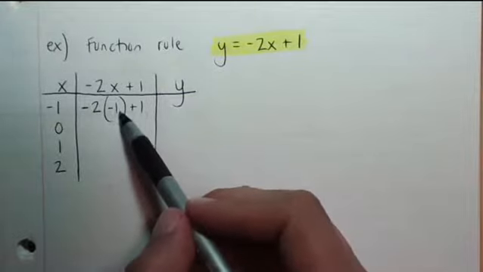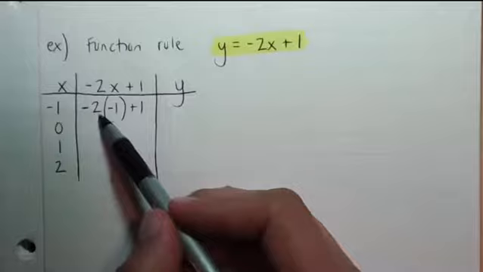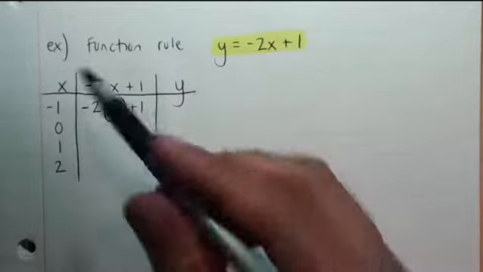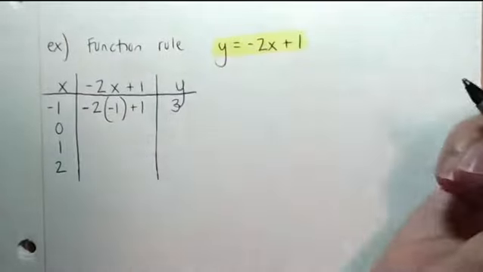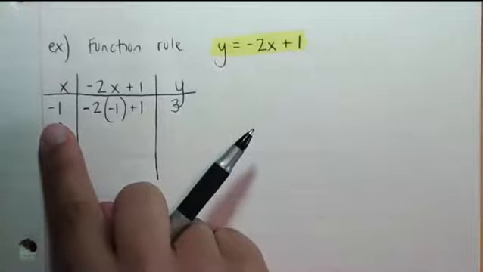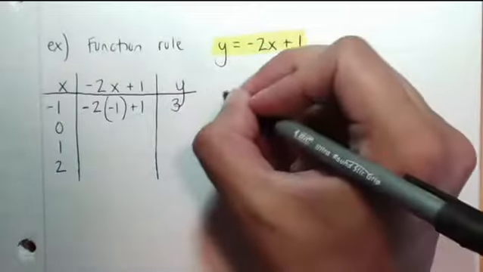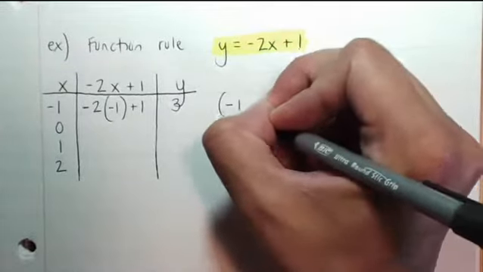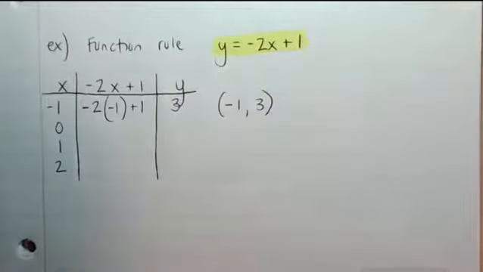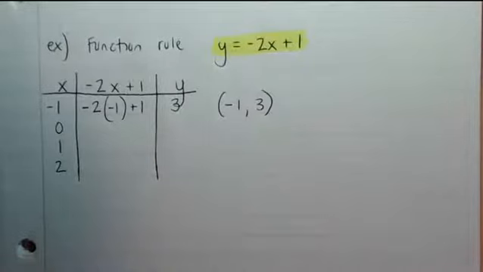So negative 2 times negative 1 is a positive 2, plus 1 is a positive 3. So when I plug in negative 1 into the function, I get 3 as my answer, which means when x is negative 1, the y value is 3. That's a point on this graph, or that works with this function.